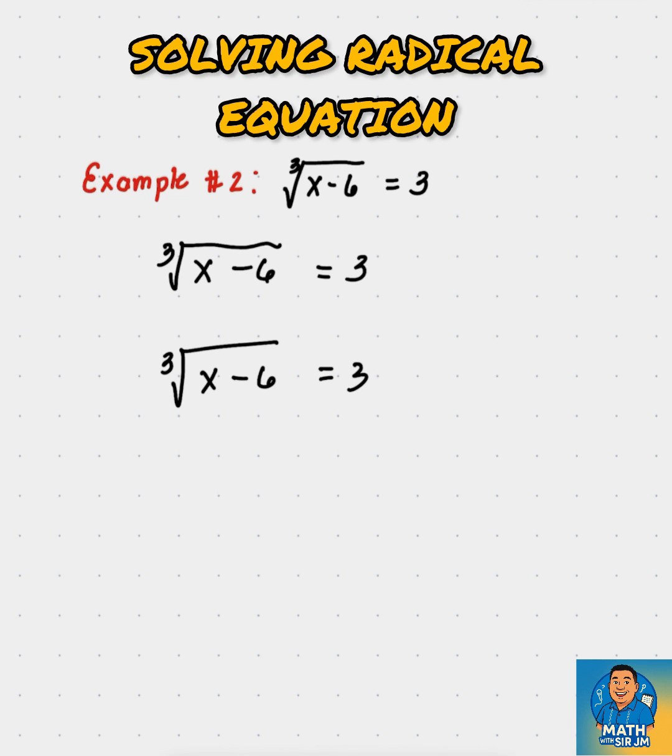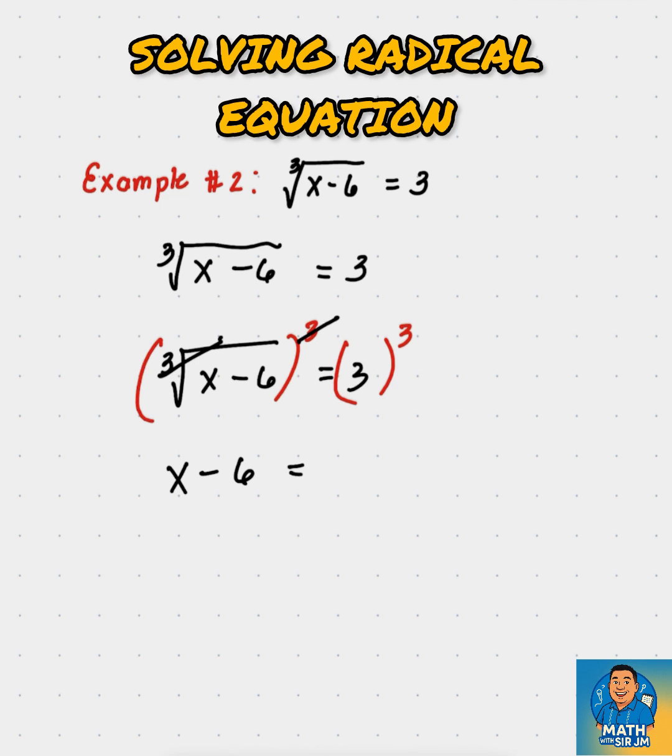We need to raise it by its index, that is 3. Now, since our index and exponent are the same, we need to cancel out the radical sign and the exponent, and x minus 6 will remain.